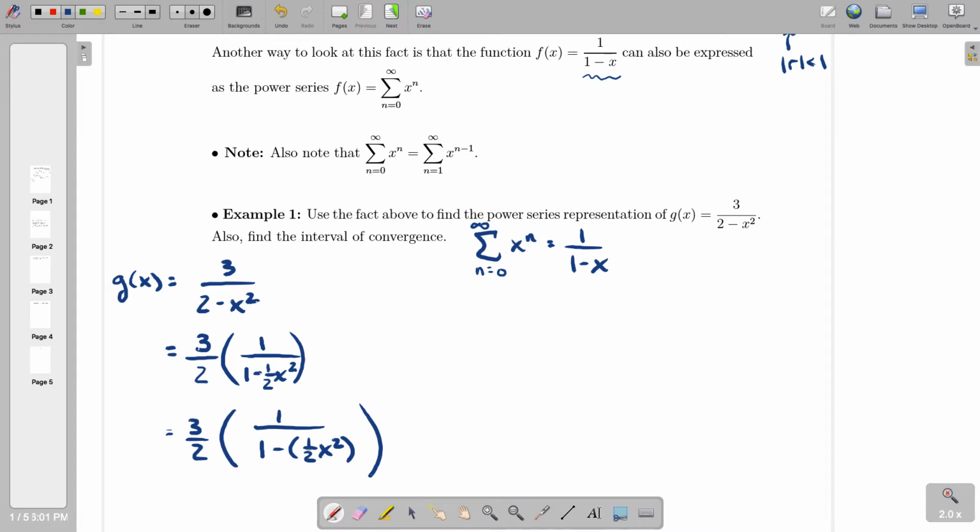So now I'm just going to take this entire thing and raise it all to the nth power. So here's how that's going to look. I'll still have my 3/2, but now instead of all this, I write the sum from n equals 0 up to infinity of 1/2 x squared, all raised to the n power.